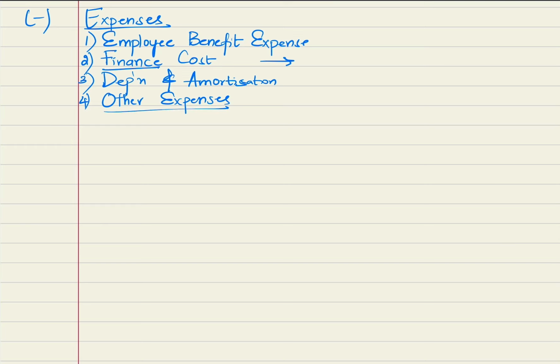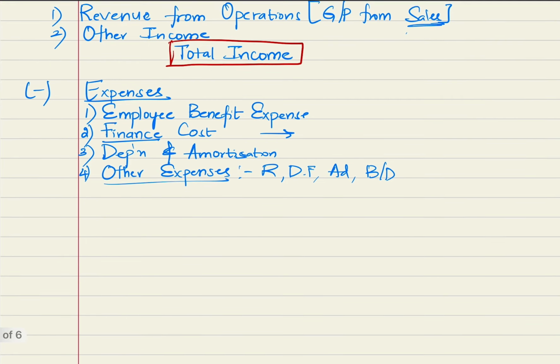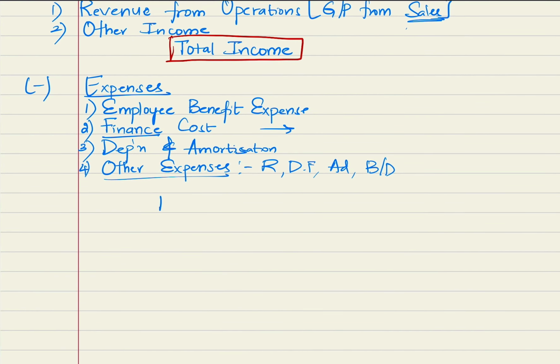Your other expenses can be the rent that you pay, directors' fees, advertising cost, bad debts, all that. All of these expenses put together, I will sum up and call total expenses, right? Let us name this A and this B.